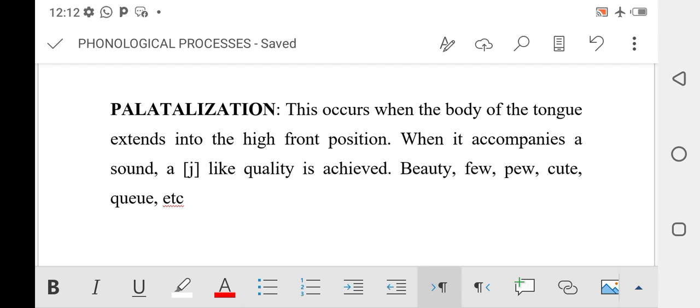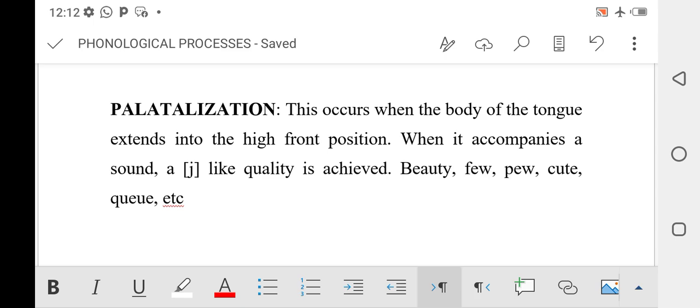Because these E-A that are vowel sounds are not palatal sounds originally, and they have assumed the nature of the palatal sound here, we say that it has been palatalized.